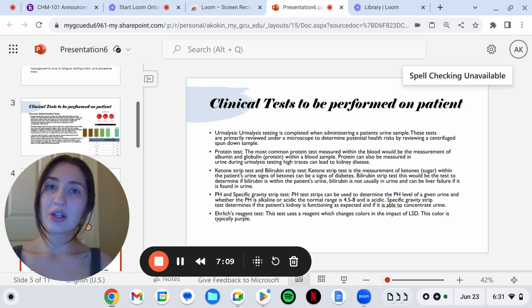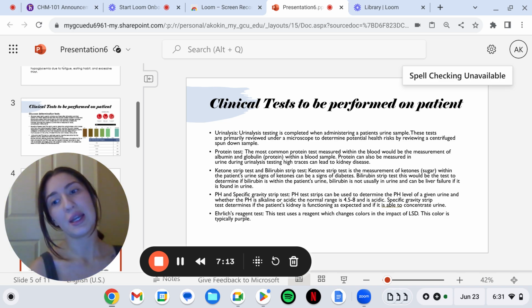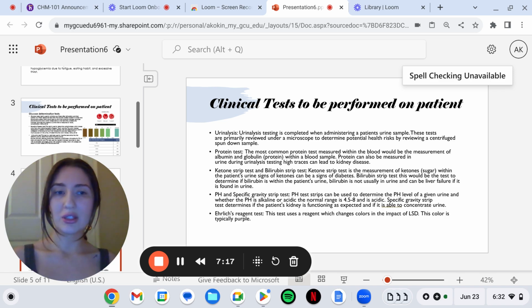So going on to the urinalysis test, it will be administered by obtaining a sample of our patient's urine, which will be reviewed underneath a microscope to determine the potential results that will be obtained.